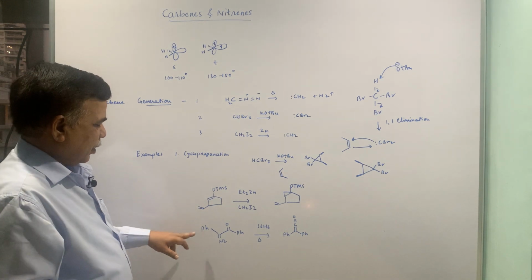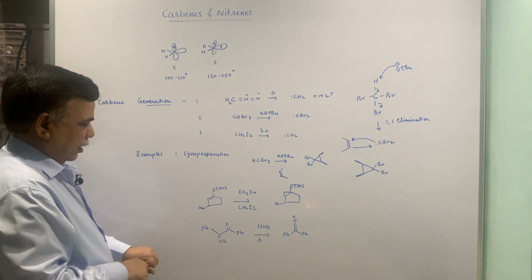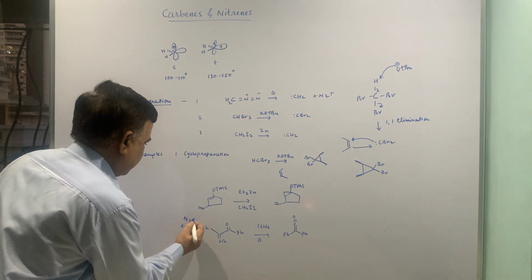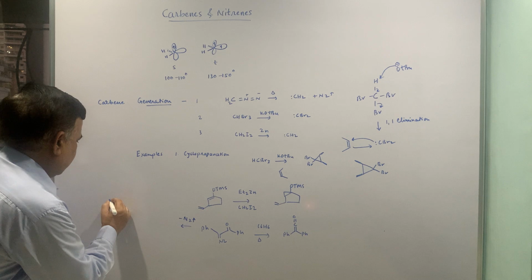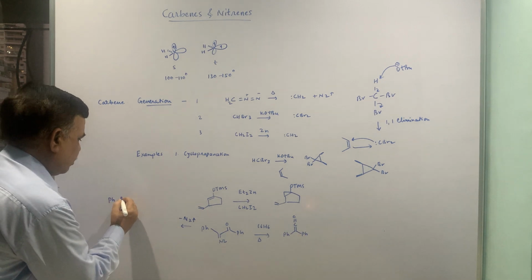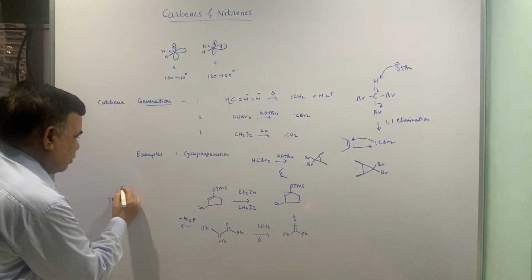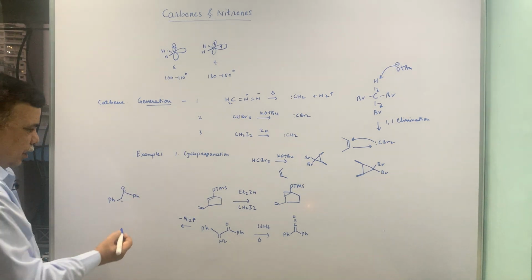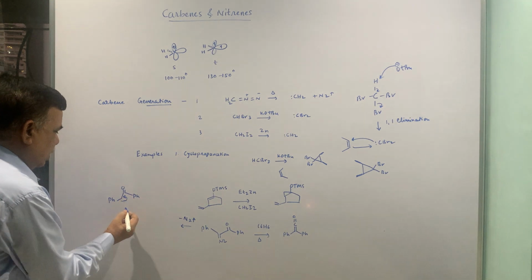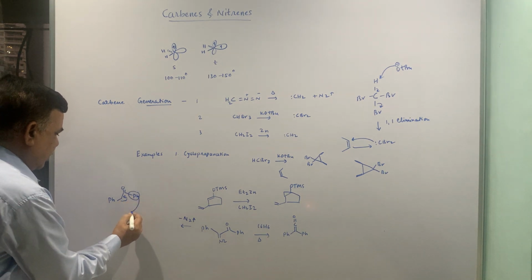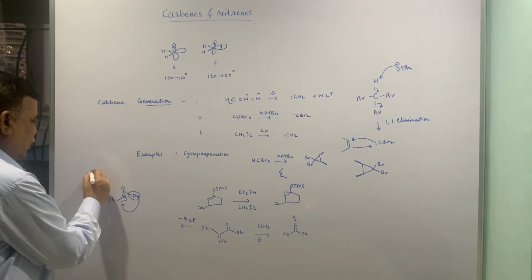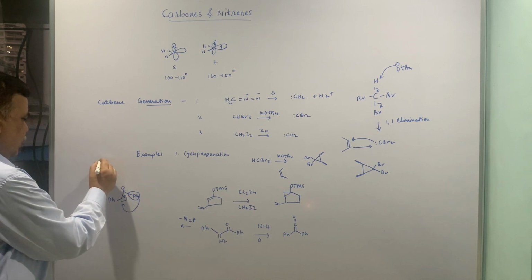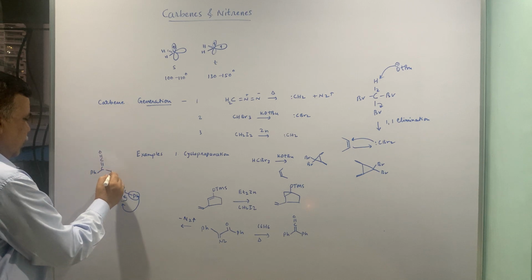separately with another example. Now here this one will lose nitrogen and you will have a carbene, now this is carbene, this comes here, that group comes here, and what you have is C double bond C double bond O and Ph.